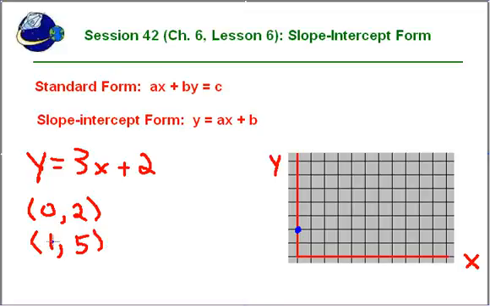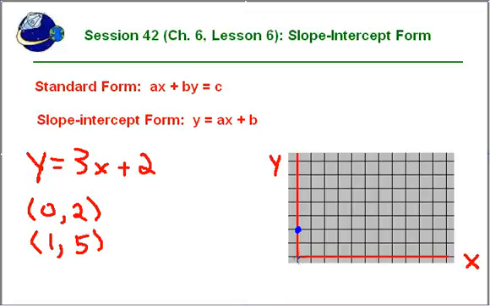Next, I just chose the number 1 for x. I could have chosen any number, but I just selected 1. Let's put the 1 into the formula. 3 times 1 is 3, plus 2 is 5. So y equals 5 when x equals 1. So that's how we came up with this second ordered pair here. X is 1, y is 5.